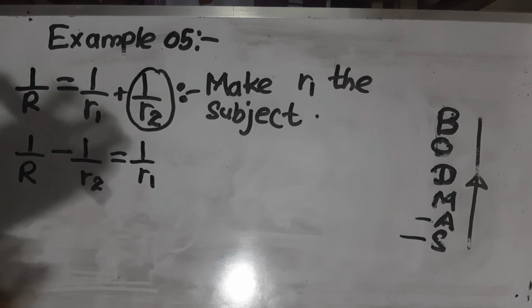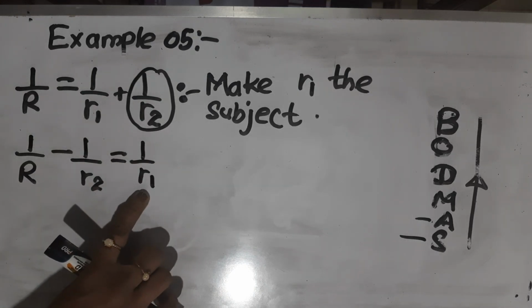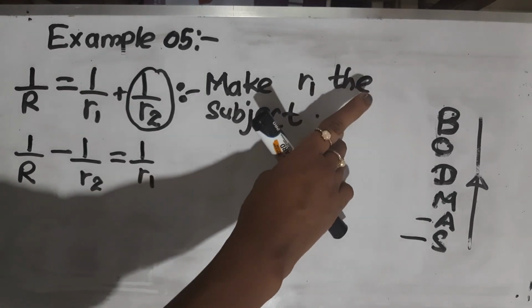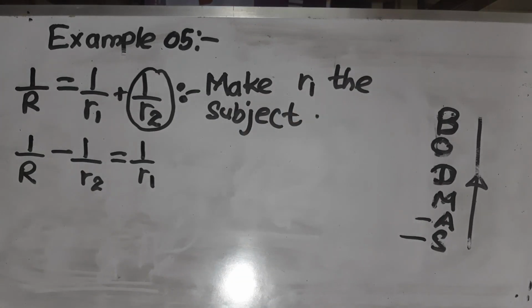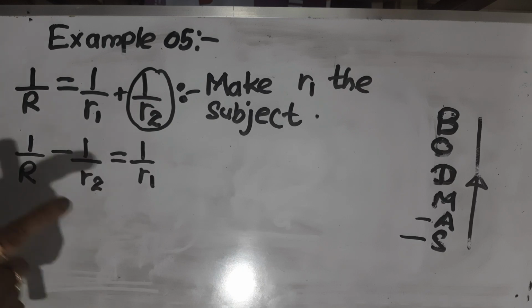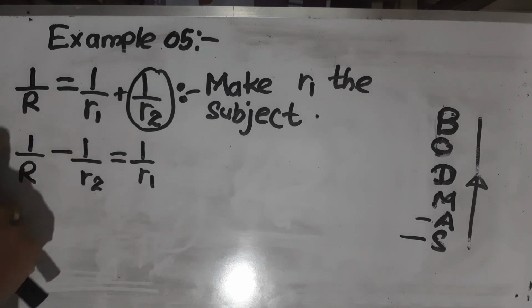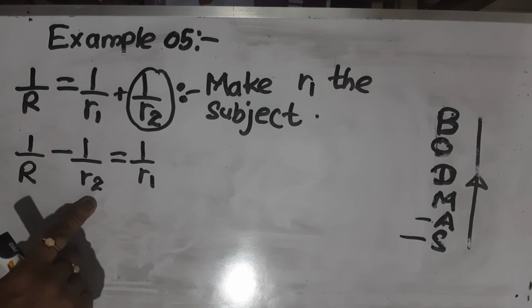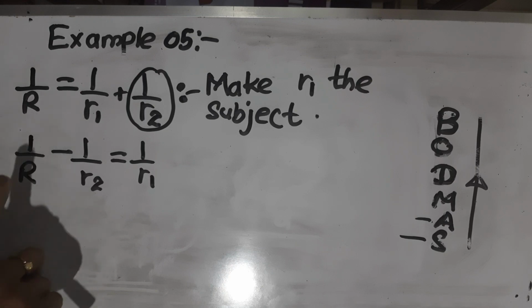Now 1 over R1 is the subject, but we need R1 to be the subject. What should I do? I can take the reciprocal of both sides. Before that, I should simplify these two terms by taking the common denominator. What is the common denominator here?